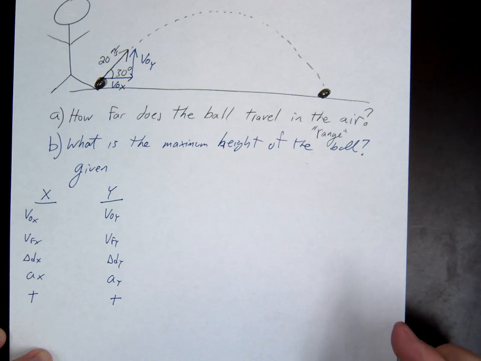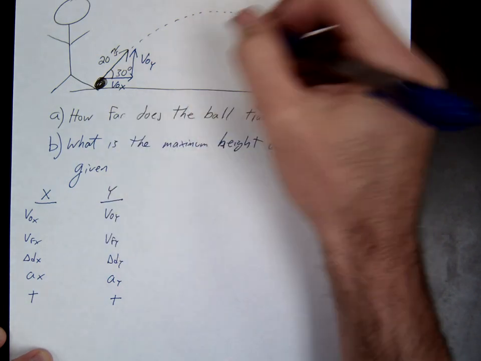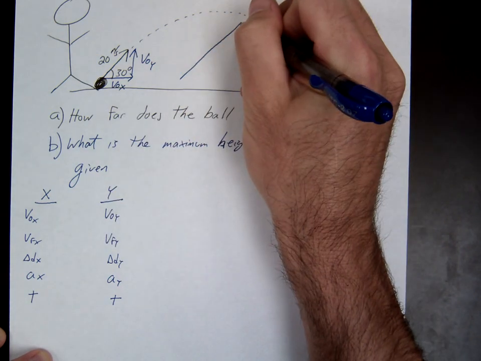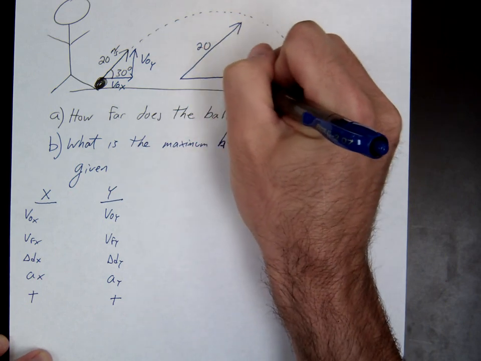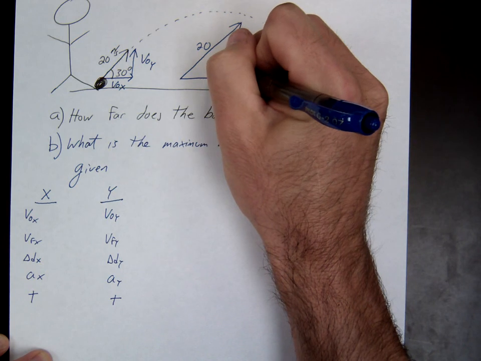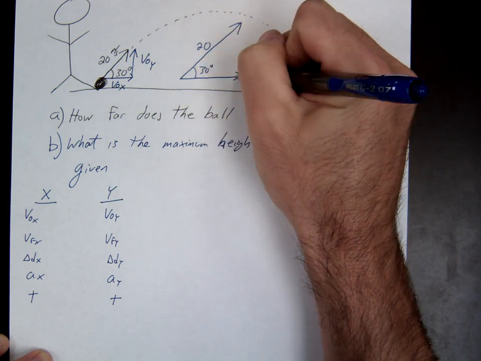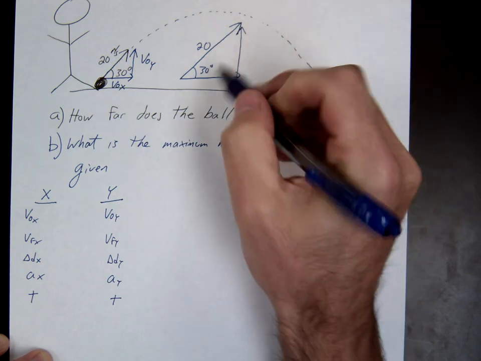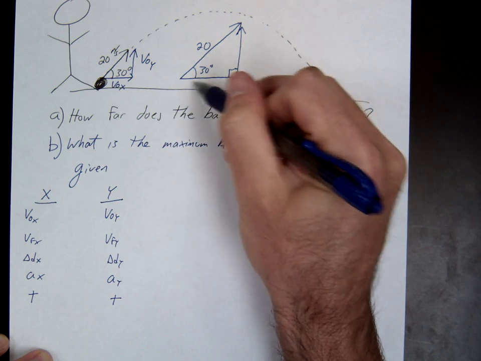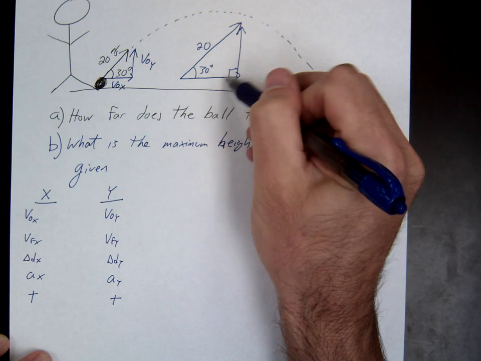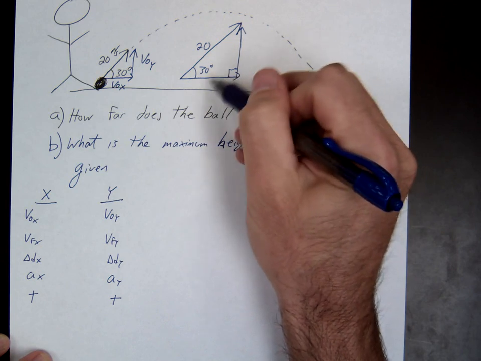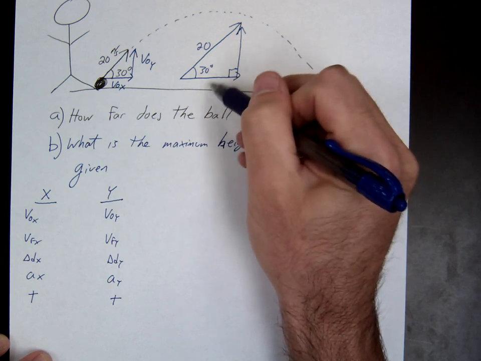So whenever you have these angled problems, the first thing you have to do is break apart the triangle. So actually let me make this larger. So this is 20. So we need to find this side and this side. So how are we going to go about finding the horizontal side? Sines or cosines? Which one's going to work for this adjacent side? Cosine.